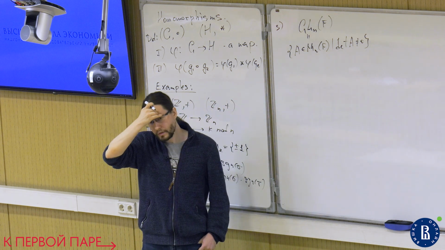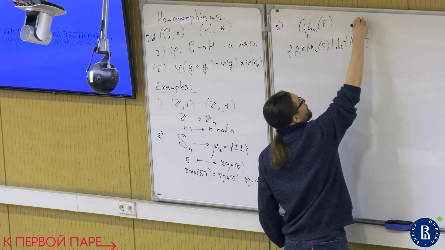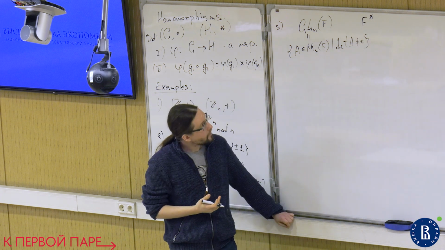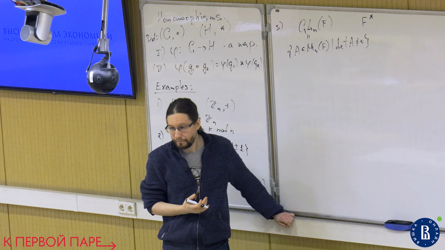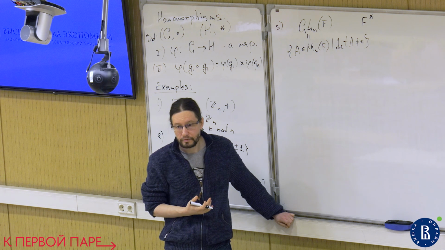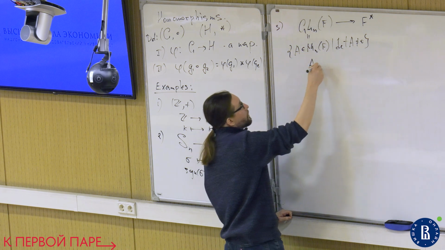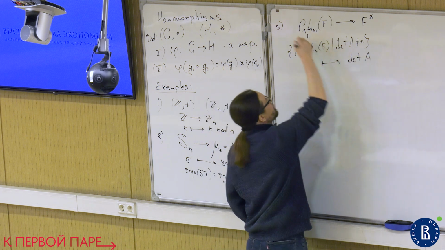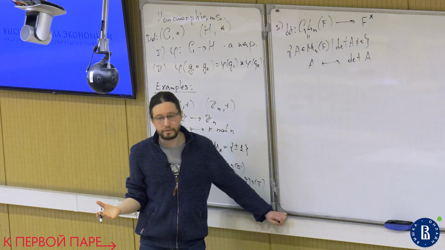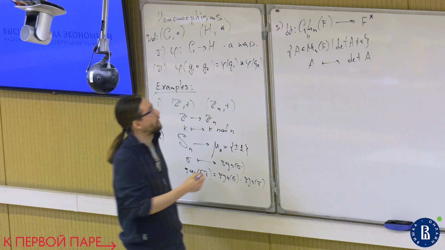So this is a group with respect to multiplication, and we have F star, which is the set of non-zero numbers from the field F. And the second set is also a group with respect to multiplication, the regular multiplication in the field. And then we have a map which takes each matrix A to its determinant. So this is the determinant map. And we also know that the determinant of the product of matrices is the product of determinants. So this is again a homomorphism.